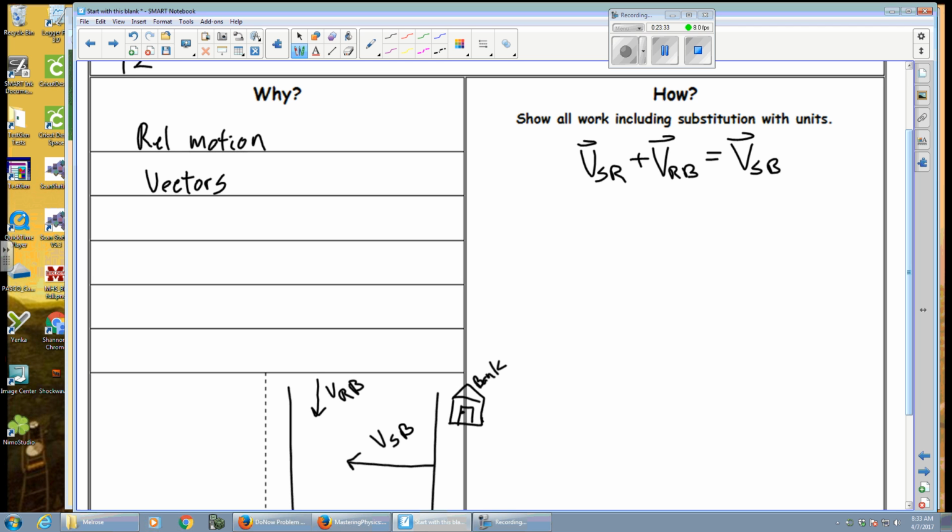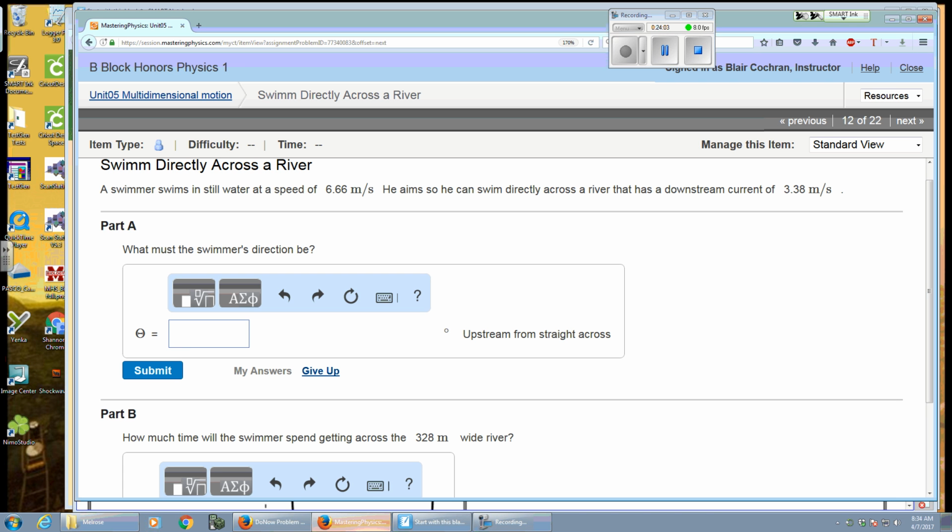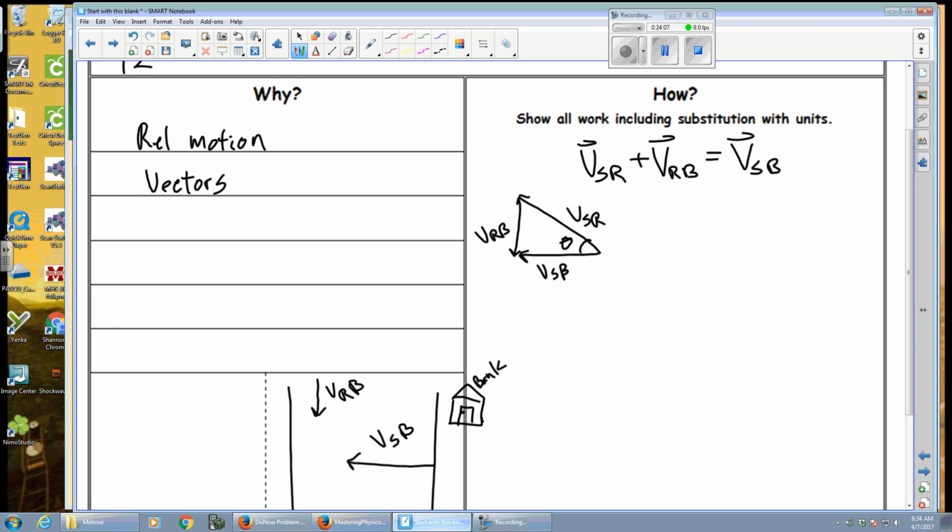And so what that looks like drawing-wise is velocity of the swimmer with respect to the river, velocity of the river with respect to the bank, otherwise known as the current, and then this will be the velocity of the swimmer with respect to the bank, and we'll call that angle in there theta. Is that the angle they asked for? Swim upstream from straight across, so yes, that's the angle they're looking for.